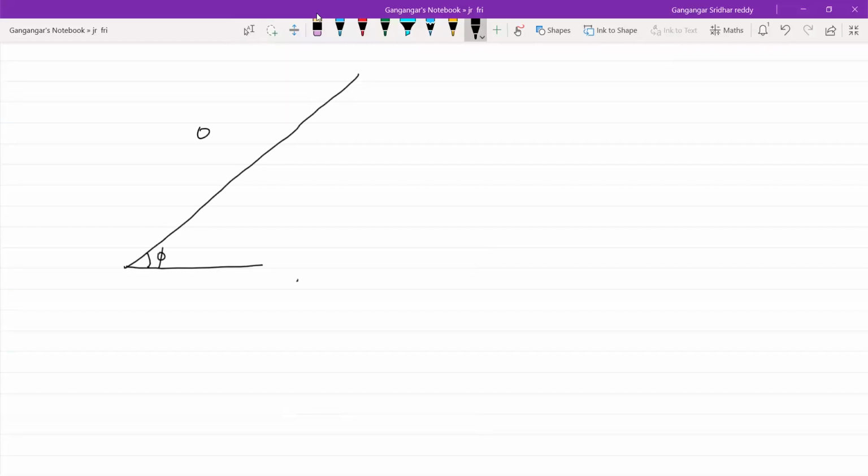Here the man will climb up with a speed, let it be 4 meters per second. Let this angle be 30 degrees. He will hold an umbrella vertically to protect himself from the rain.